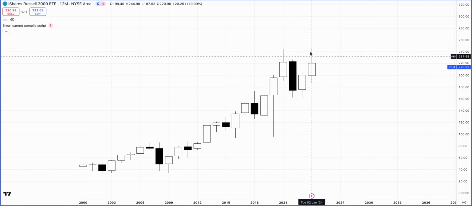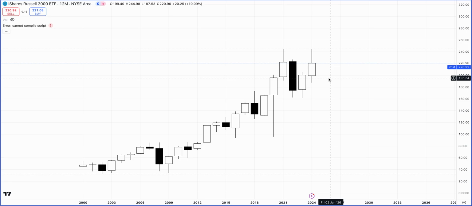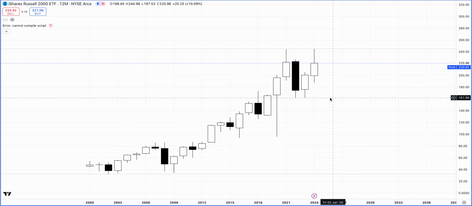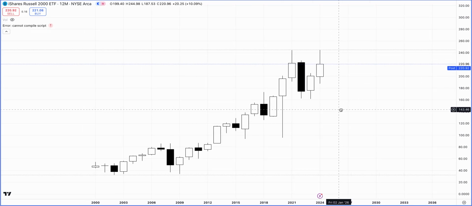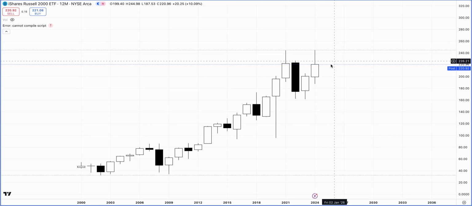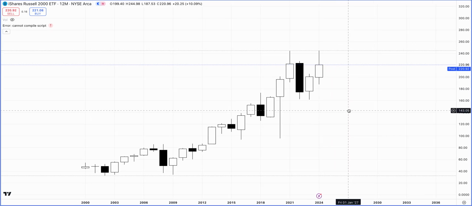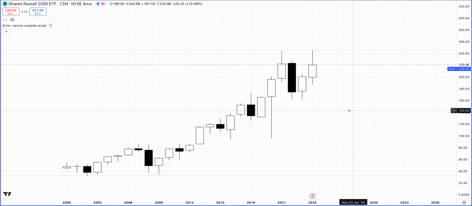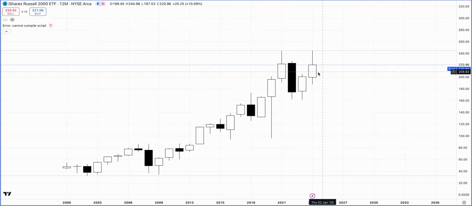But the good thing is that what it is indicating is actually continuation. So the chances are that these small caps will eventually make new highs. This is the way I'm looking at the yearly chart, but we'll have to wait and see how it will pan out. 2025, maybe it ends up being an inside bar. If it takes the lows out of 2024, that's not going to be good.